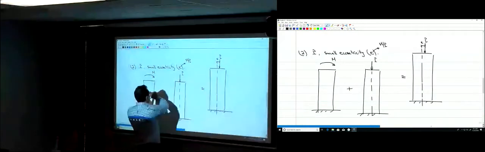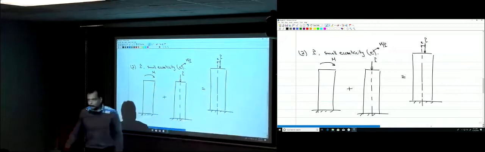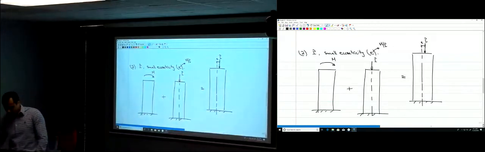Adding those together, M and P, it gives you a P that is eccentric with the column.